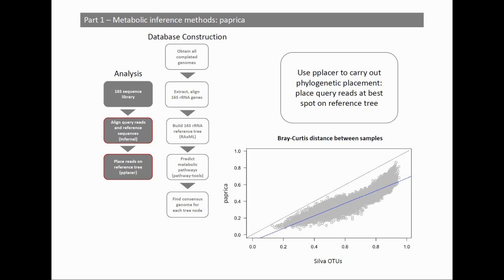And the data set that's being used here is the 16S sequences from the Terra Marine expedition, which I'll talk about a little bit more later. The main point here is that there's really good fidelity between the distances given by PAPRICA and the distances given by Silva. You'll notice that the distances are higher for Silva. This is the 1-to-1 line here, but nonetheless, where distance is high here, distance is high here.